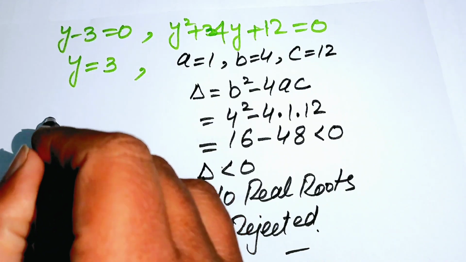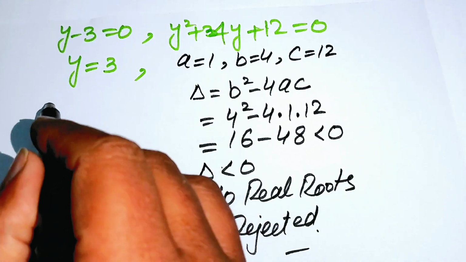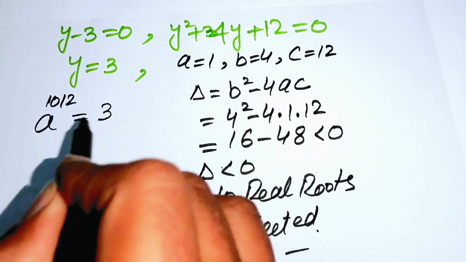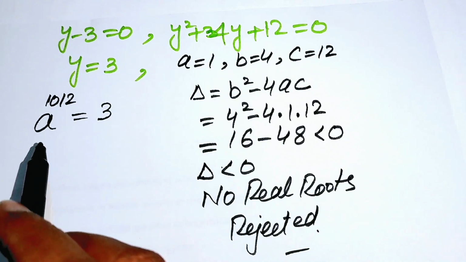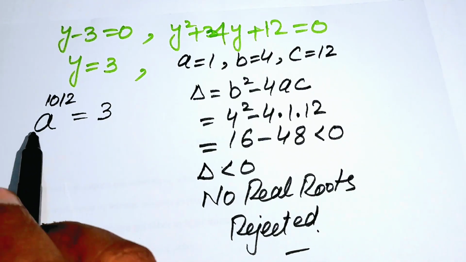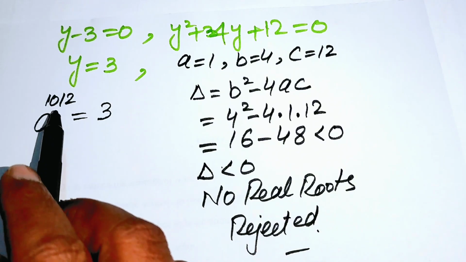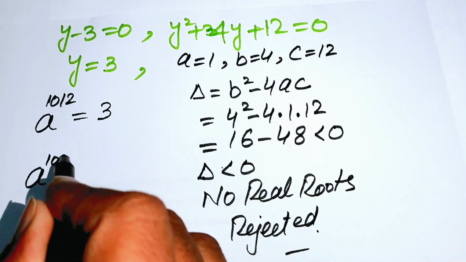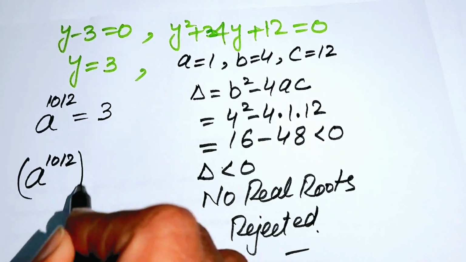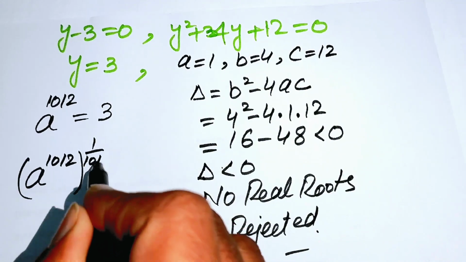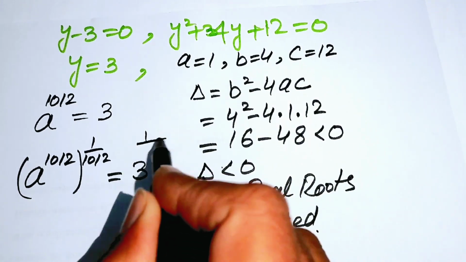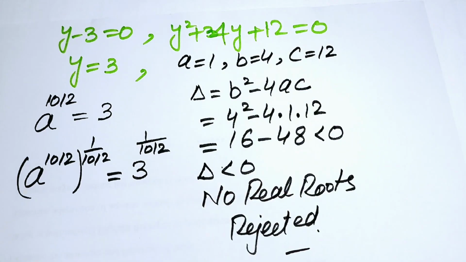When you put the value of y here, it becomes a to the power of 1012 equals 3. Because here we need to find the value of a, we take the 1012th root on both sides. So it becomes a to the power of 1012 and its whole power 1 over 1012 equals 3 to the power of 1 over 1012.